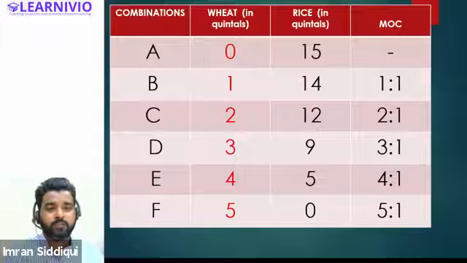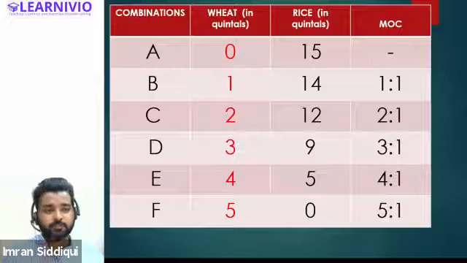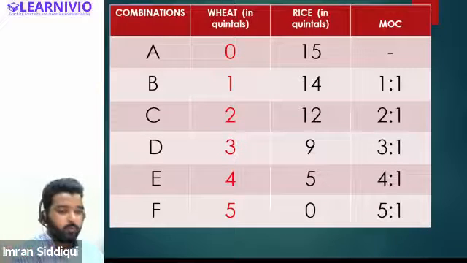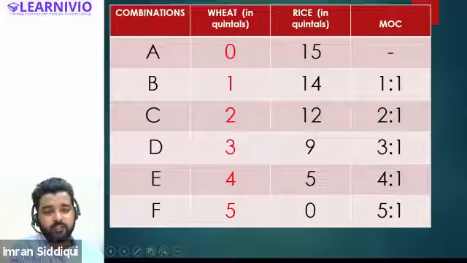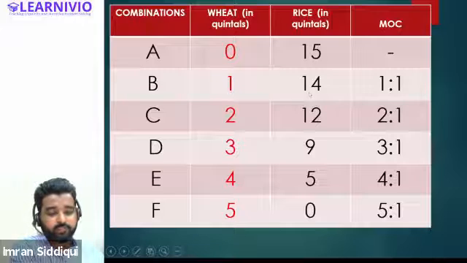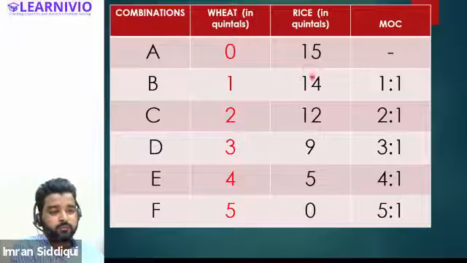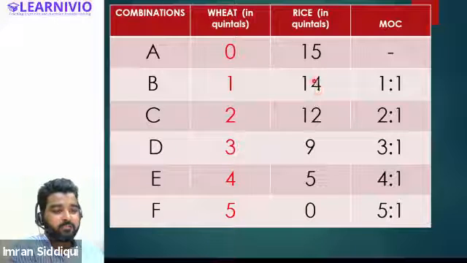He's not using any resource for wheat right now, but he wants to increase the production of wheat to 1 quintal. So in order to do that, he will have to sacrifice a certain number of units of the commodity Y, basically rice.